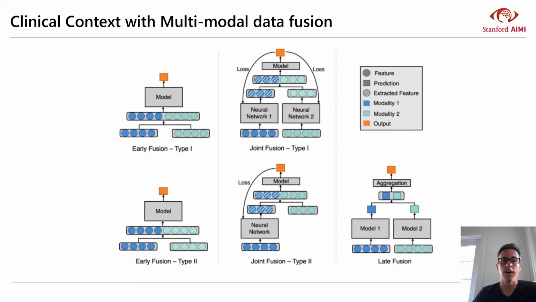Joint fusion is kind of in the middle of the extremes, where it joins the features at the input level, but the loss is propagated back to the feature generating model, or intermediate fusion, which joins learned feature representations from intermediate layers of neural network models with features from other modalities as input to a final model. So you can kind of get a sense that there's a couple different approaches to this joint fusion. While at the other end of the spectrum is late fusion, where you aggregate results at the decision level, very similar to an ensemble, but this leverages predictions from multiple models to make a final decision.